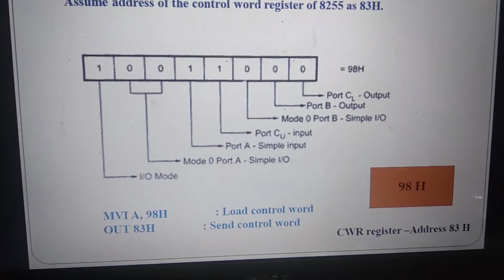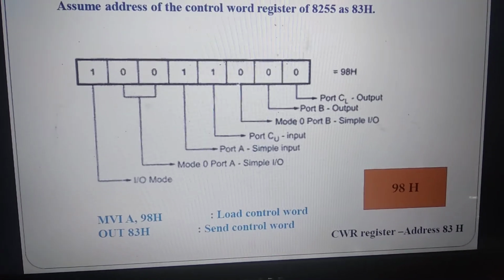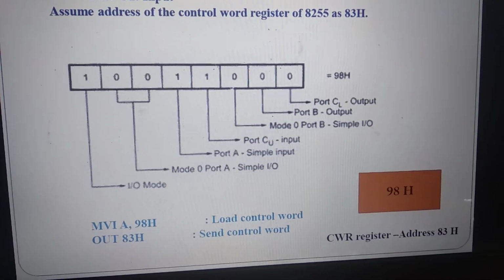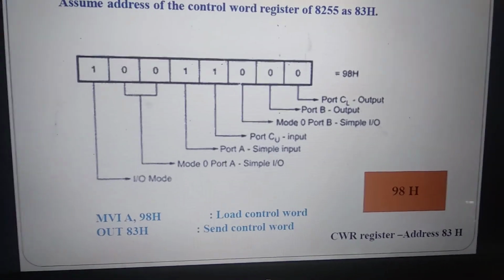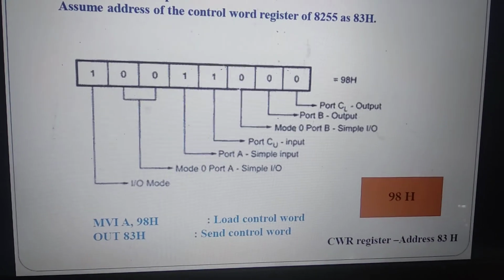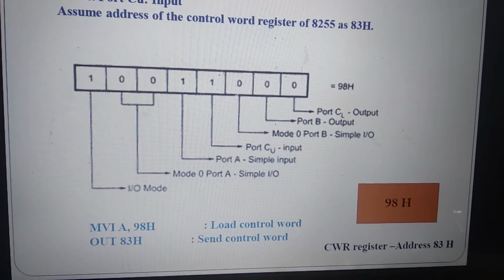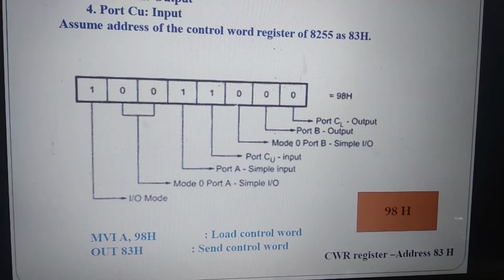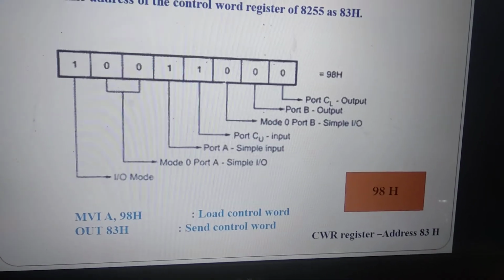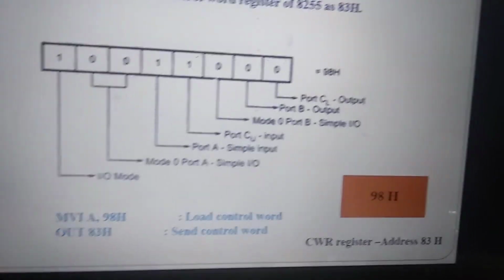Next is OUT 83 hex, and what is the function of the OUT instruction? It will send the data of the accumulator to the particular port address mentioned in the instruction itself. So after the execution of the first line, 98 hex is loaded into the accumulator, and now that 98 hex, the CWR register content, is to be written at 83 hex, which is the address of the CWR register.